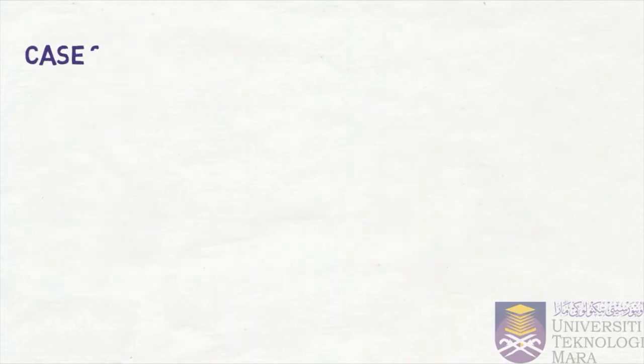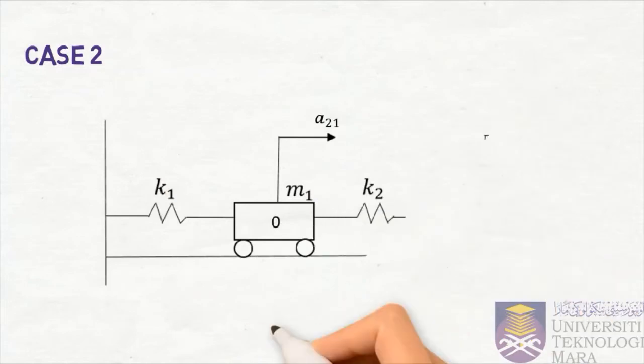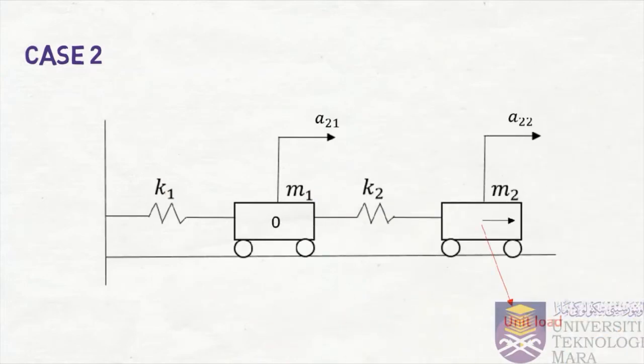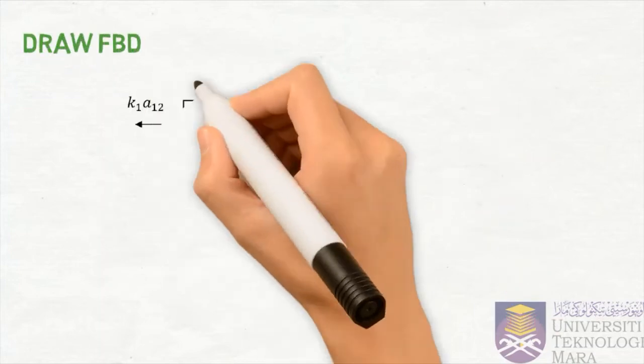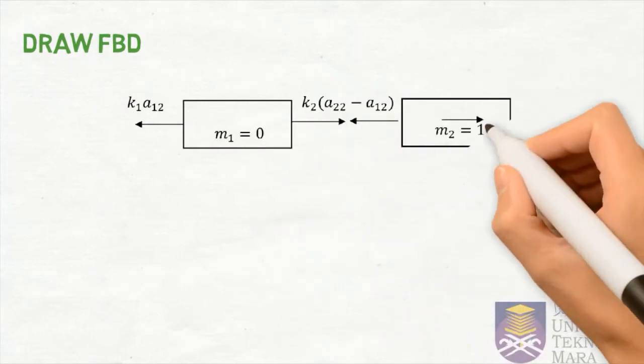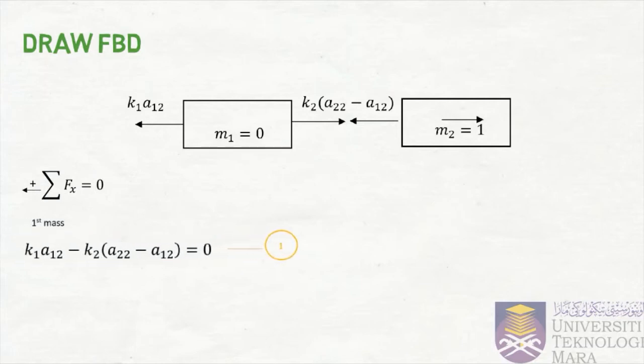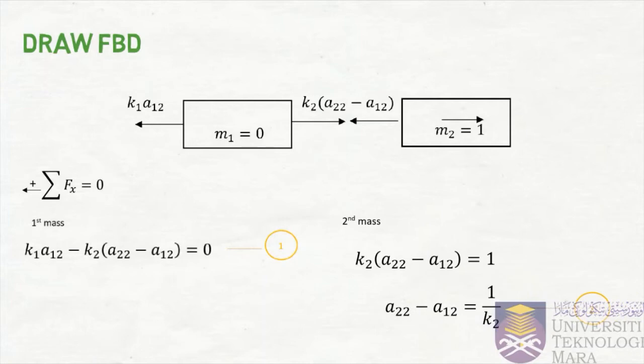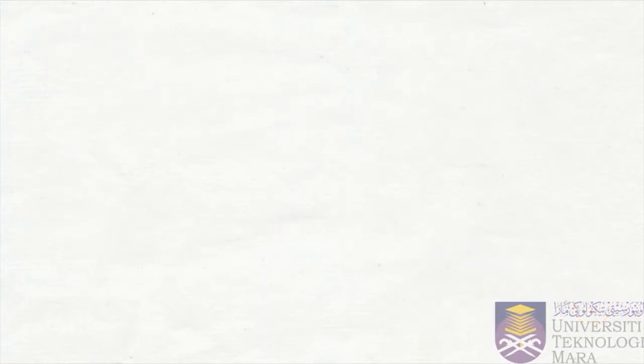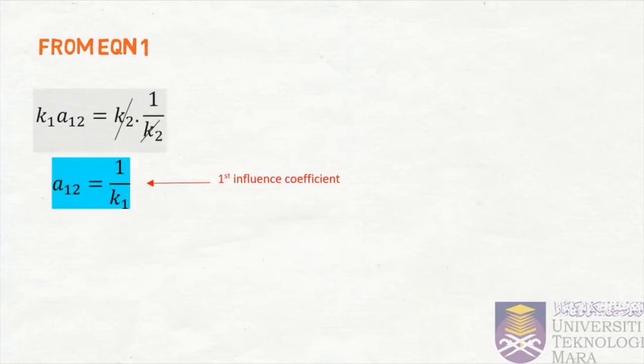For case 2, the unit load will be at M2 where M2 is equal to 1. Next, we need to draw the free body diagram and write the equation based on the free body diagram. For the first mass, the equation is, then for the second mass, the equation is, from equation 1, we will get the first influence coefficient A12 is equal to 1 over K1.